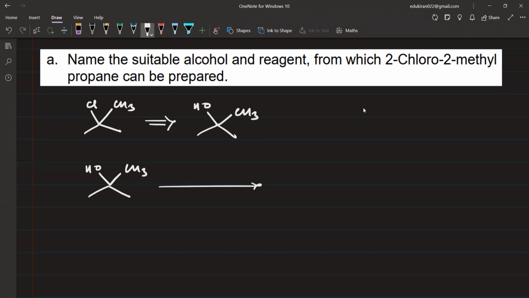Or you can use one reagent that I would use here is HCl in the presence of ZnCl2, because you can also name this reagent that this is Lucas reagent. है ना? So this is CH3 and OH.